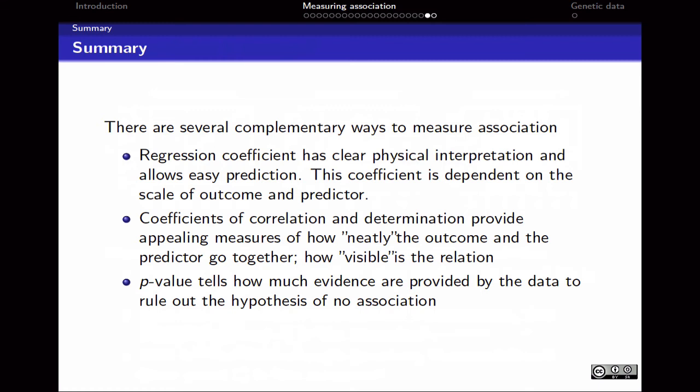Coefficient of correlation and determination provide a measure of how neatly the outcome and the predictor go together, and how visible this association is. P-value tells you how much evidence is provided by the data to rule out the hypothesis of no association. These 3 measures of association complement each other.